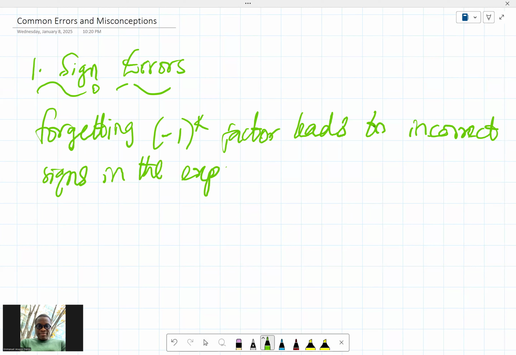So you have to pay attention to this particular part whenever you have a negative sign in the binomial expansion.